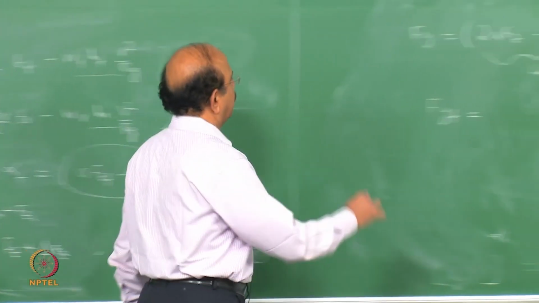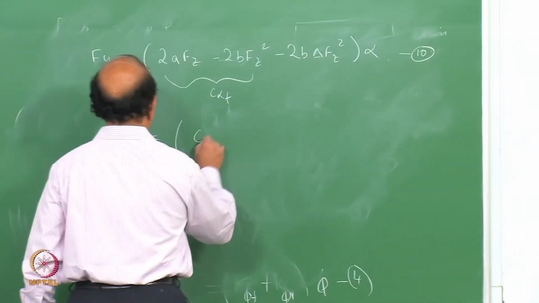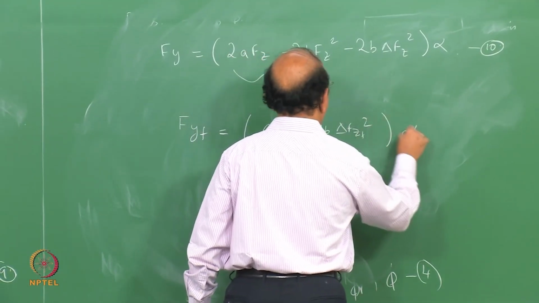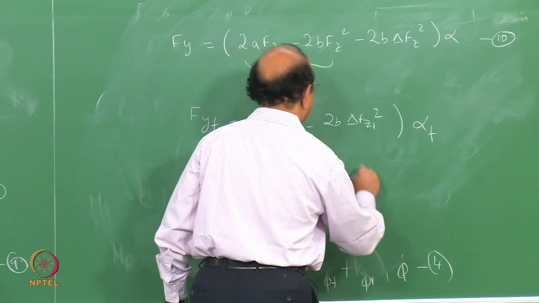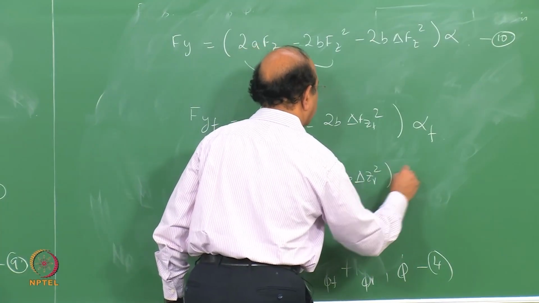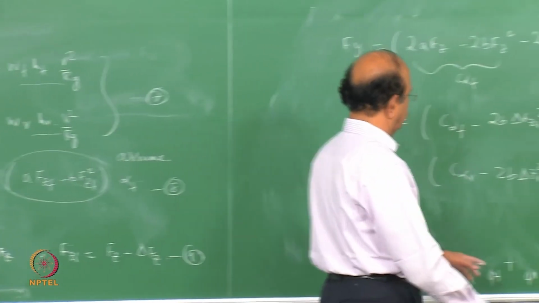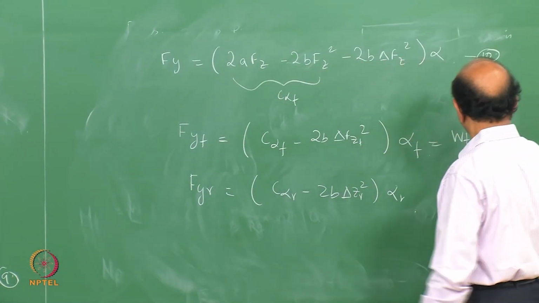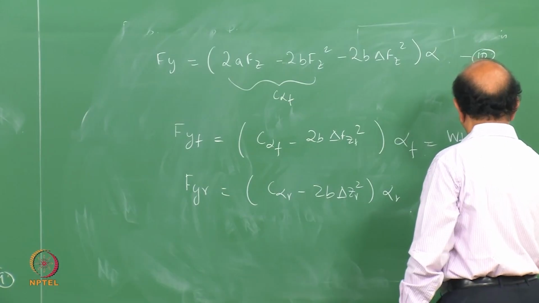So Fyf can be written as C alpha F minus 2b delta Fz front squared into alpha F. Fyr is equal to C alpha R minus 2b delta Fz rear squared into alpha R. And this is equal to Wf into V squared by Rg, and that's the Fyf, and that's equal to Wr into V squared by Rg.